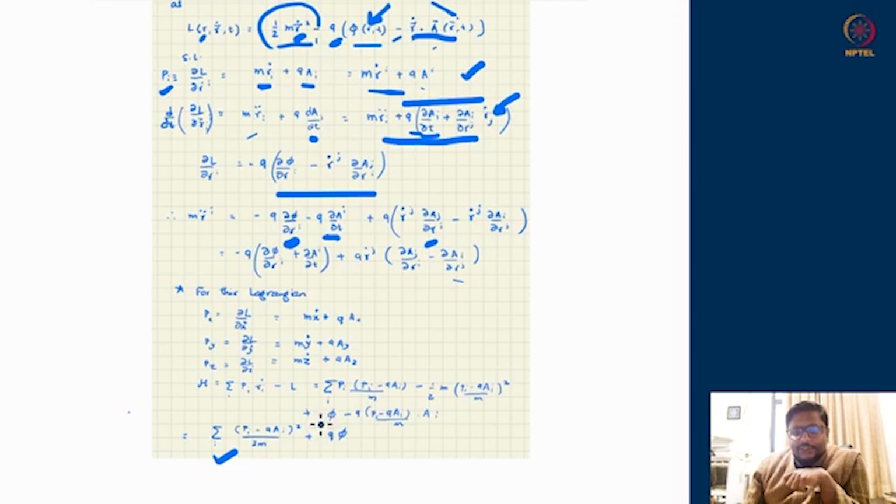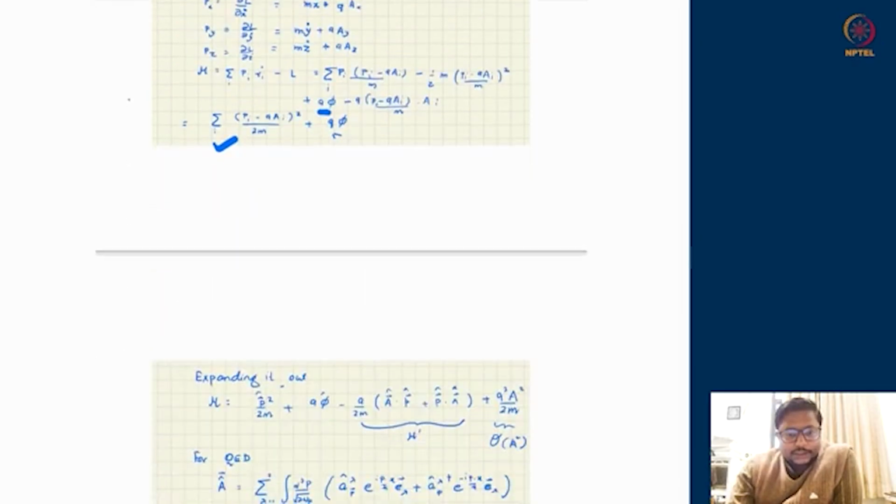So this Q phi, which appears as a solitary term independent of P, remains as it is, and all the other Pi dependent terms make up a perfect square. Okay, so this is how the Hamiltonian of a non-relativistic system interacting with the electromagnetic field is written.